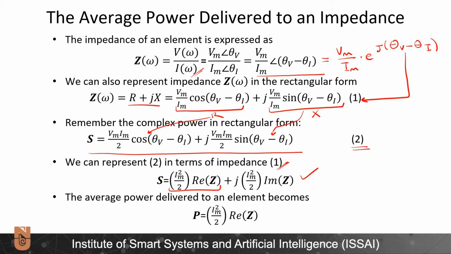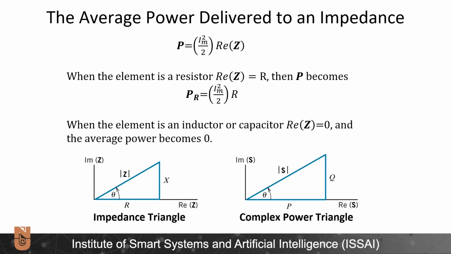The average power delivered to the element is only due to the real part of the impedance, which is the resistive part, and therefore it can be written as P equals Im squared divided by 2 times the real part of the impedance Z. The average power delivered to an element is given with this equation.